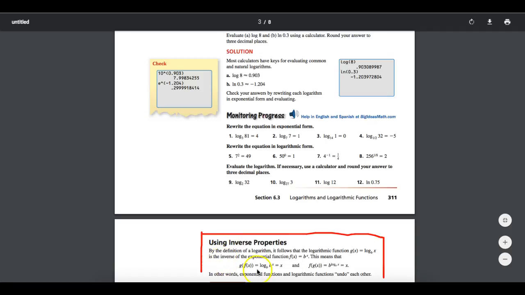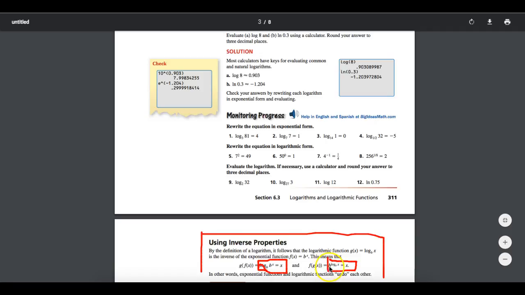Now, I don't want you to worry too much about the definition right here. The important things to understand are these two equations. We're evaluating some functions that are in this format. If we have a log base b and our input has an exponent in it, and if these two bases are the same, then our exponent is just equal to the output.